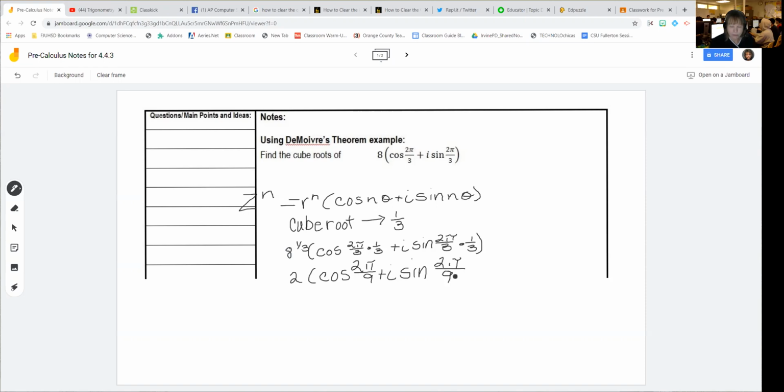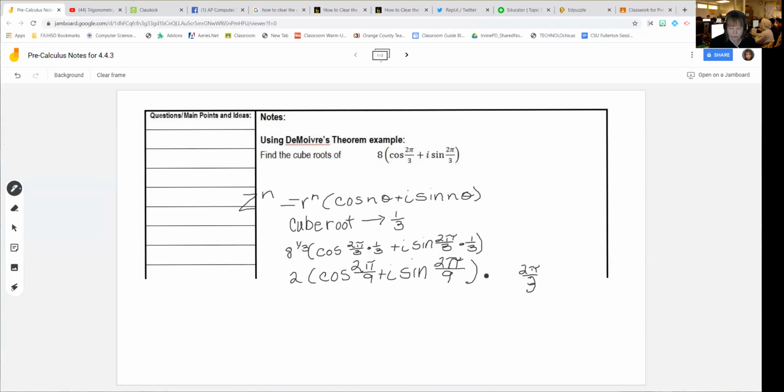Now the difference is here that there are 3 cube roots. So what we have to do is take 2 pi and divide it by 3 to find the remainder of our cube roots. And the reason is that the roots are evenly spaced around the circle.